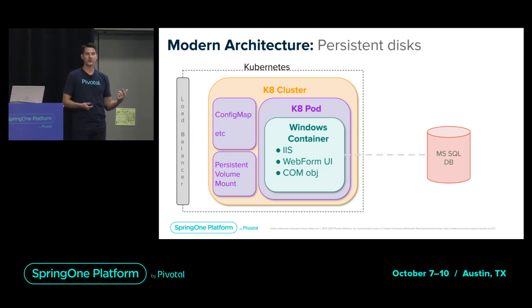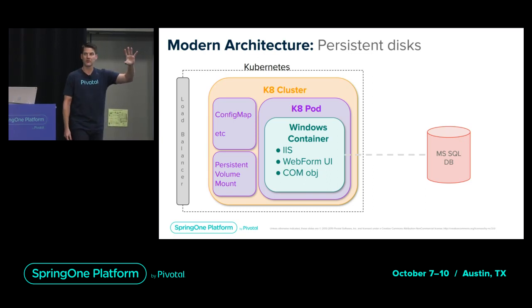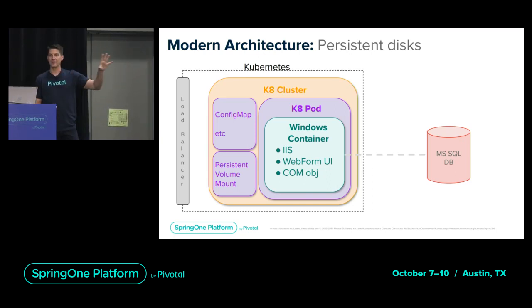Now, we could also use some nice things that Kubernetes gives us, like persistent disks, and get into, well, our file share needs to go away as well. It was probably on Server 2008 as well. So let's actually move that inside to a persistent disk. If you're on vSphere, that's in the form of a VMDK disk.